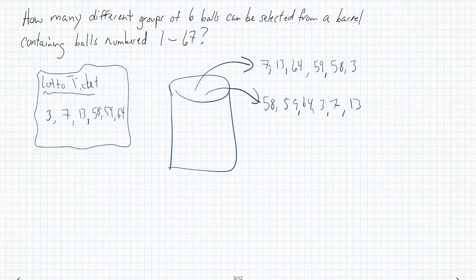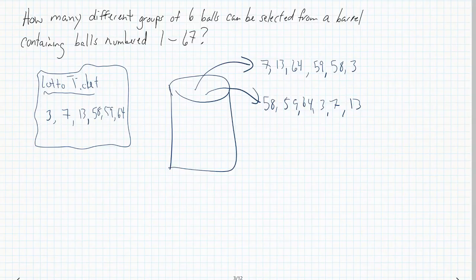So the key here is order is actually not important in this case. It didn't say they had to be selected from a barrel in a certain order. No, it just said select it from a barrel, right? So what essentially has happened is order is not important. This deals with what we call combination. Kind of showing you the long way what can happen.